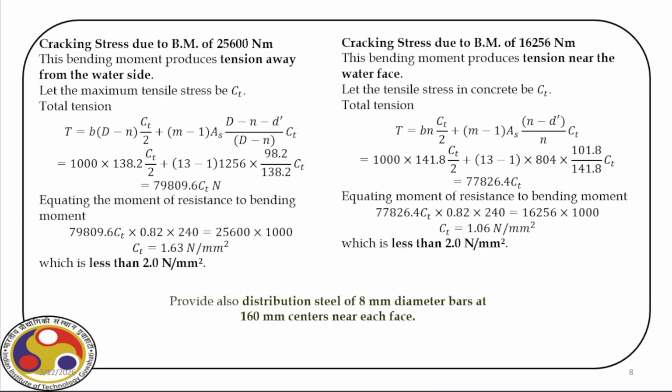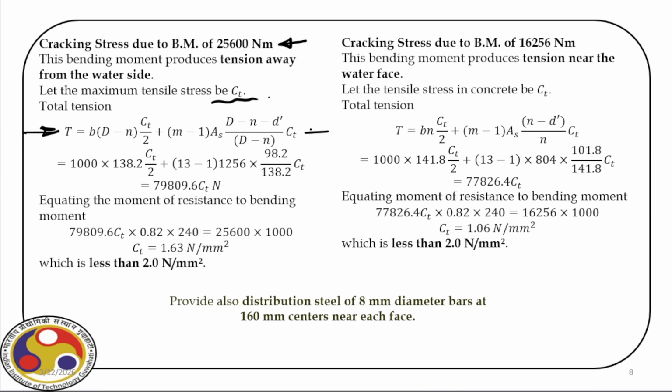Then cracking stress due to the first bending moment of 25,600 Newton meter. For that, we first find out the maximum tensile stress CT, and for that we use this expression.